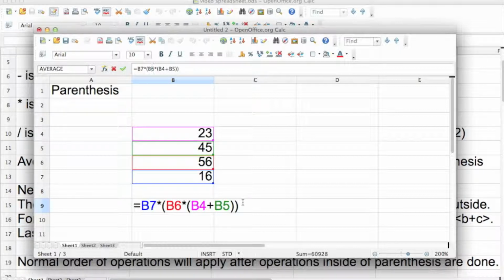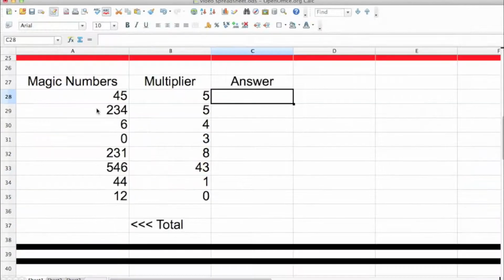You'll see that there are two sets of parentheses now. You've got the inside parentheses that happen first, then the parentheses here on the outside, those happen second. Of course, everything outside the parentheses go by the normal order of operations. That's exponents, roots, multiplication, division, addition, and subtraction.